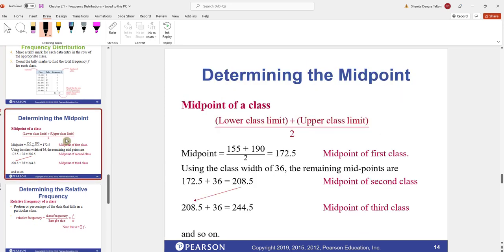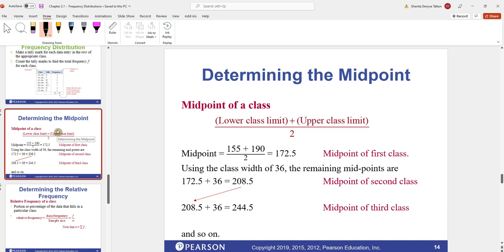So now that we know how to determine the frequency distribution, we're going to calculate some other things. We're going to calculate the midpoint. The midpoint is the lower class limit plus the upper class limit, divided by 2. So if we go back to that first class, I'm actually going to do a whole one for you. The class went from 155 to 190. We add those 2 numbers together and divide by 2.